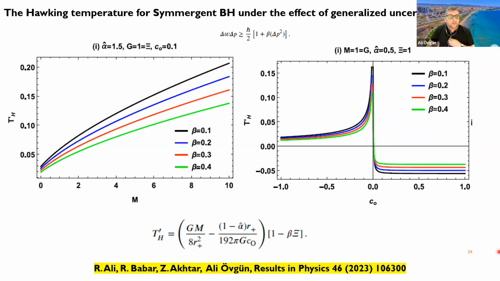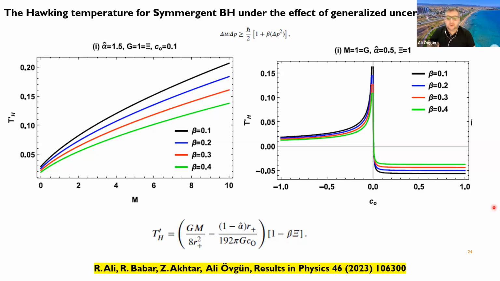And also, in various types of theories of quantum gravity, the main feature is the presence of a minimal measurable length. In order to study this minimal length, the generalized uncertainty principle is the most appropriate way, so by using the generalized uncertainty principle, we study the Hawking temperature of this Symmergent black hole, and we check how this beta parameter, which comes from quantum gravity, also affects the Hawking temperature.